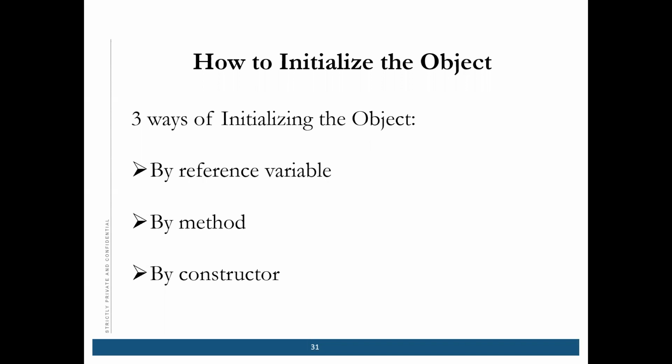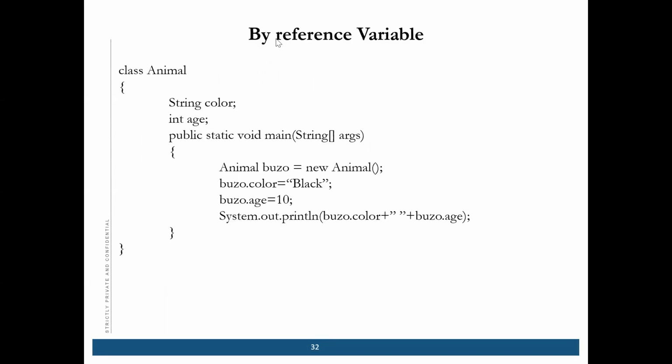So first we will learn by reference variable. Here, in the same class Animal, we are declaring two variables: string color and integer age.